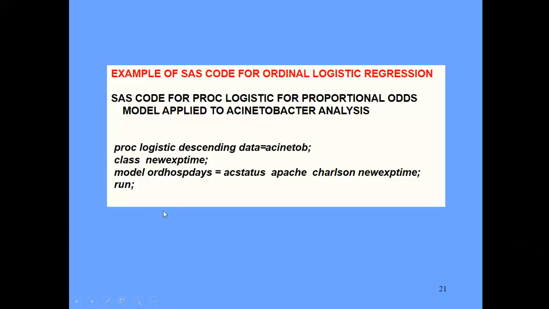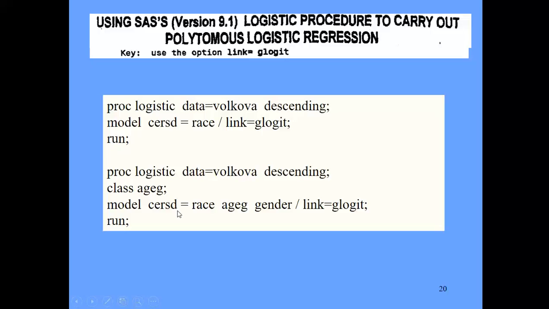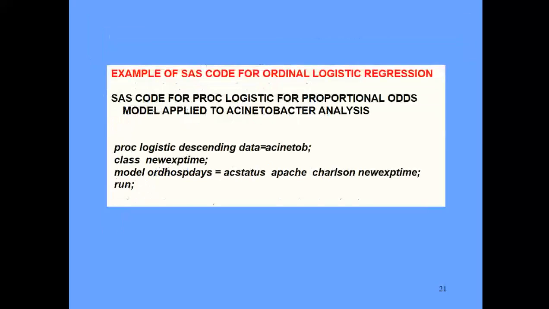What you don't see in the model statement that you see here is G-logit. So when you're doing ordinal logistic regression, you do almost the same thing. You write the same code, and we'll talk about this next time.